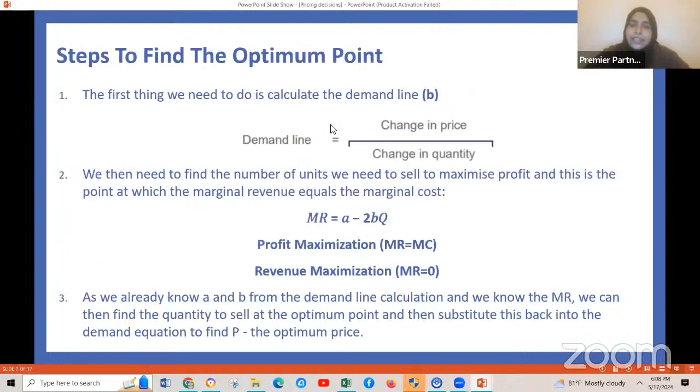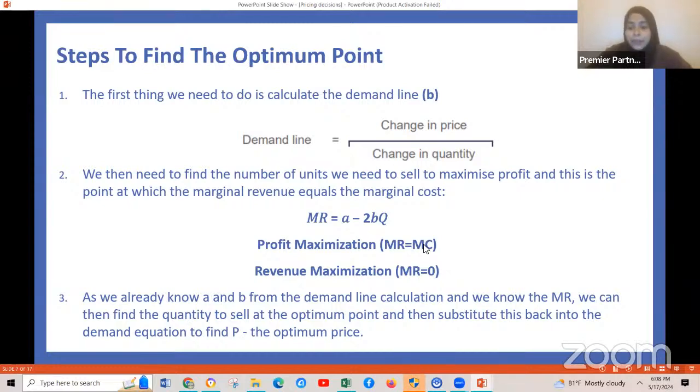You find B by taking the change in price divided by change in quantity. It's like a gradient. And the optimum price or the optimum point in the demand line is where profit is maximized at the point where MR equals MC.